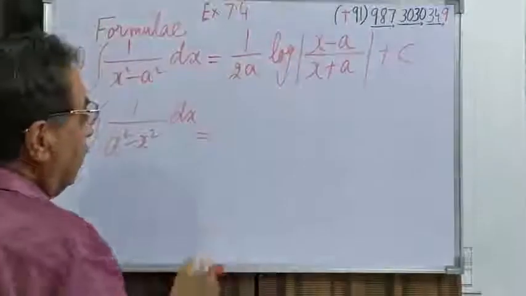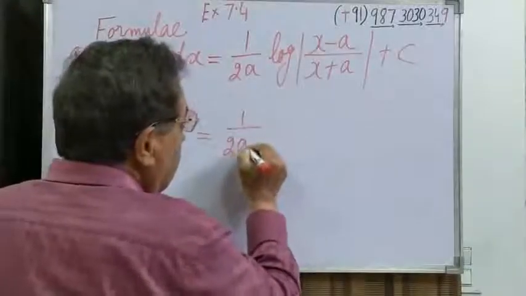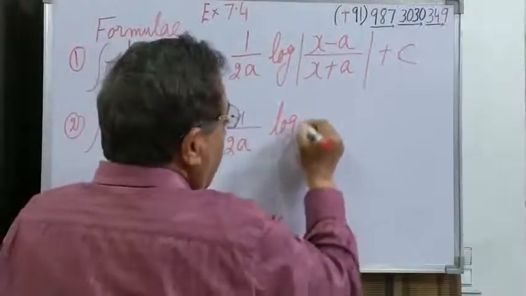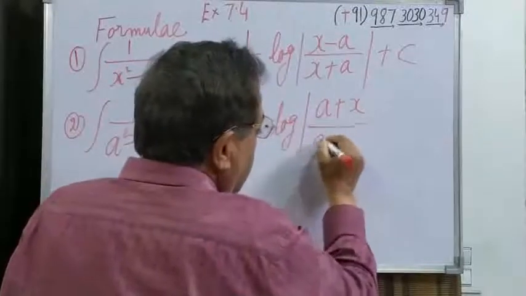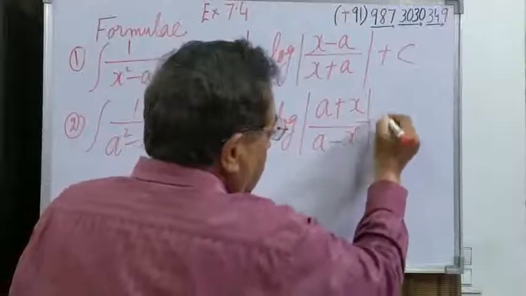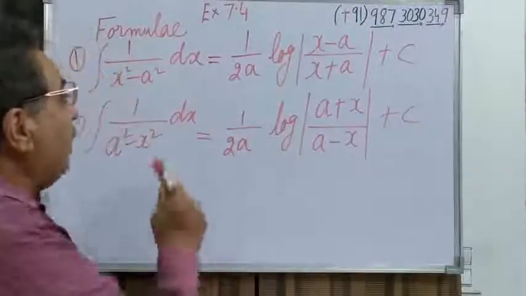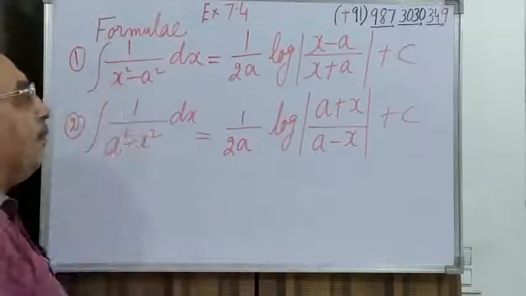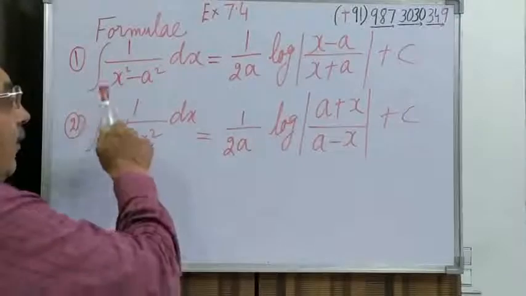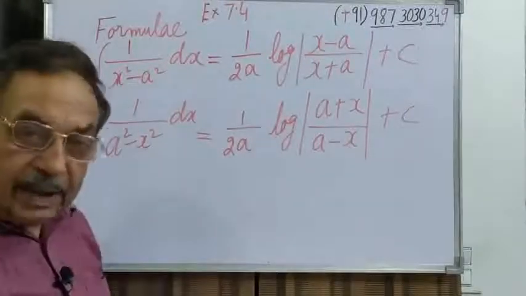Similarly, 1 upon a square minus x square would be 1 upon 2a log of a plus x divided by a minus x, plus the constant of integration, that is c. So we can apply the formula straight away. Whenever we get a question that is the difference of the squares of two terms, we can write down their integration straight away.